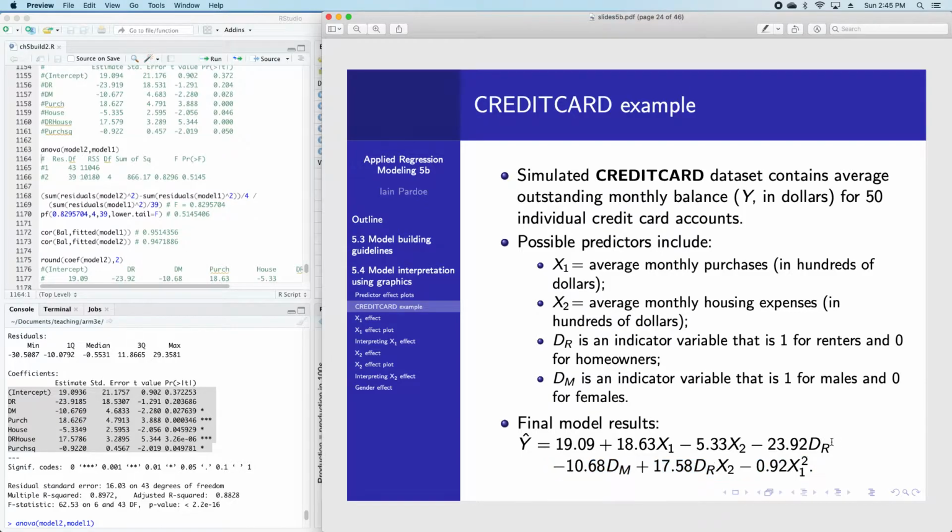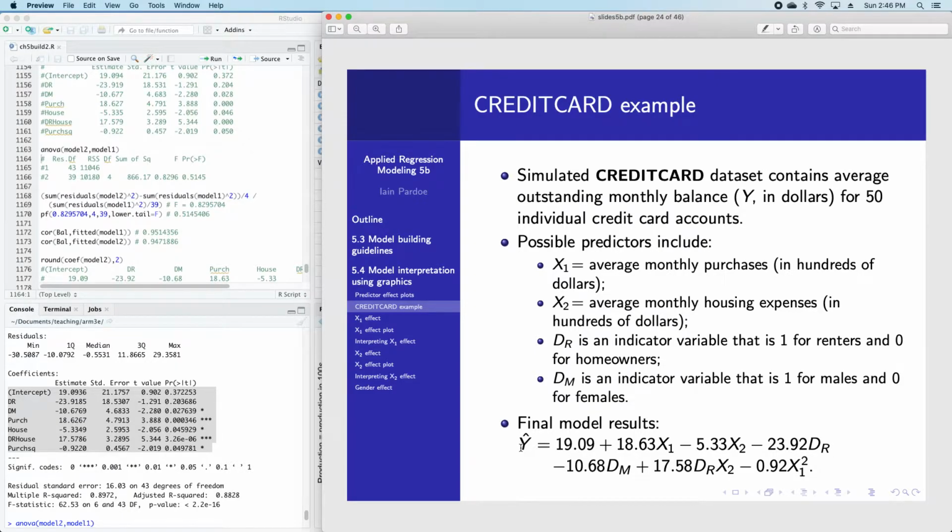Can't seem to highlight the whole thing, but you can see it down there at the bottom of the slide. I've just written the predictor terms in a slightly different order, but the numbers are all matching the numbers in this table here. Okay, so what does all this mean?